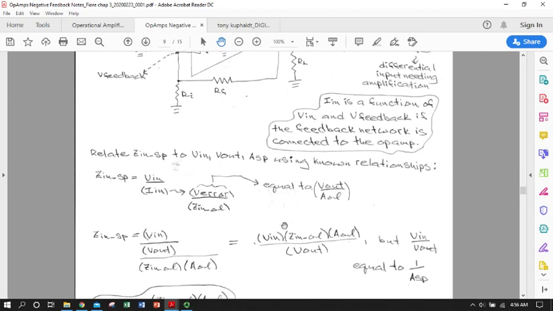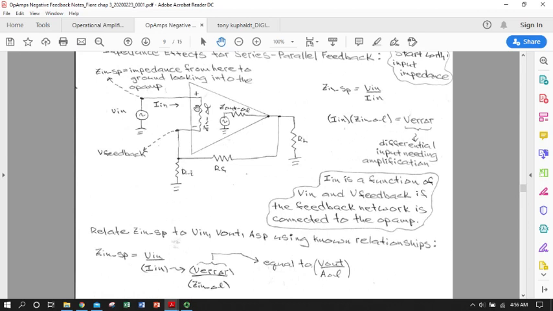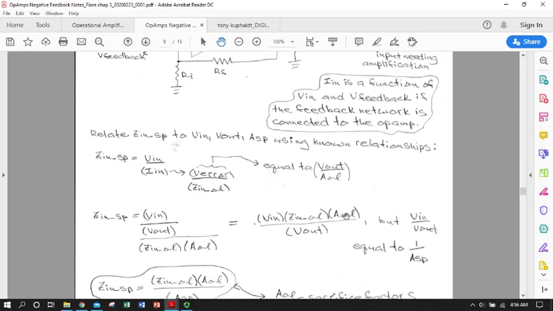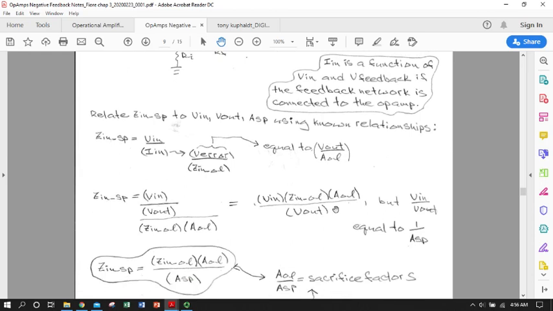So we can simplify that a little bit, and we get V in times the open loop input impedance, that thing, times the open loop gain divided by V out. Okay? Oh, but wait a minute. V in over V out with the feedback network installed is just 1 over the closed loop gain. Oh, isn't that handy?